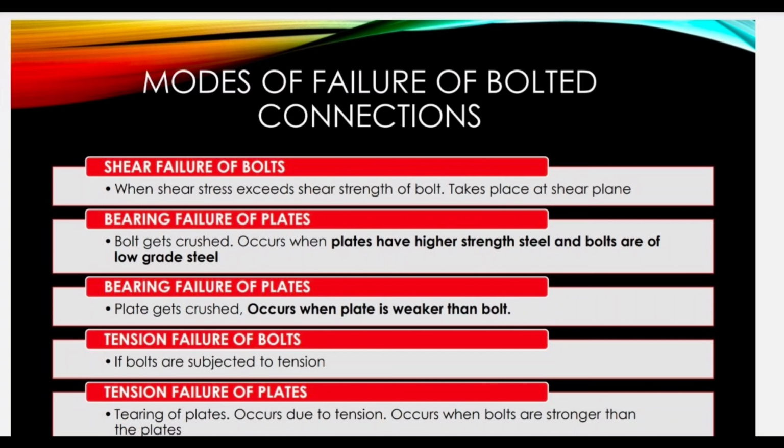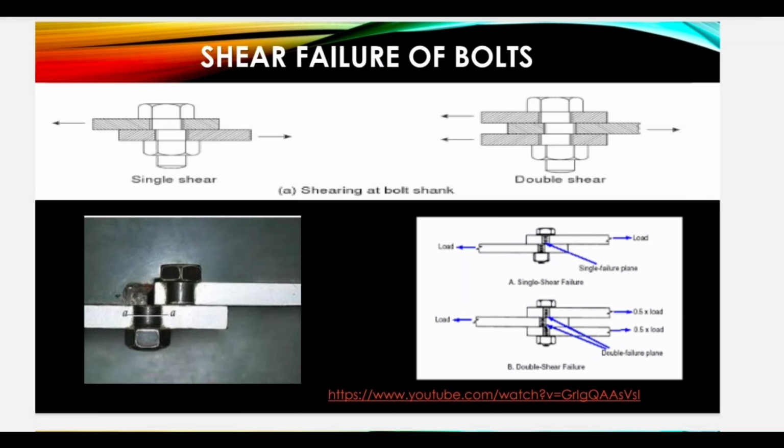Shear failure of bolts is of two types, single shear and double shear. For shearing of a bolt shank, I can show a diagram and a picture, with the total load, a single failure plane, and the middle of the load. Next, bearing failure of the bolts.